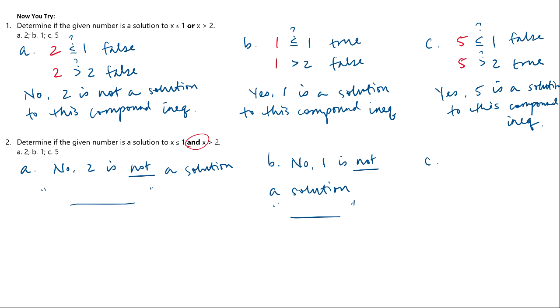Because of that, it doesn't work for a compound inequality connected by AND, so we would say 5 is not a solution to our compound inequality over here. And that's the conclusion we get when we're testing compound inequalities connected by AND versus OR over here.